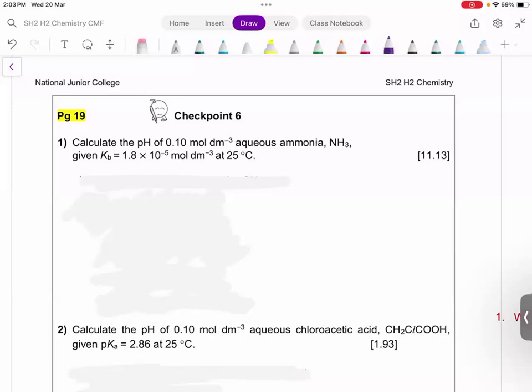This one is 0.1, whereas this one is 0.001 or 0.006. So it's like 100 times difference. It's only about 1% dissociated. That's why we can take it to be the initial. That's what we meant by a small percentage dissociation. Oh, okay, I understand.